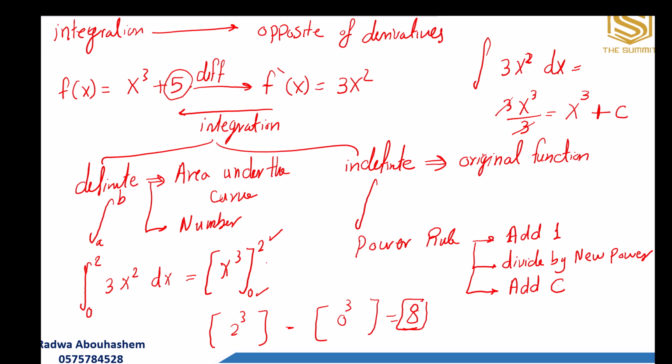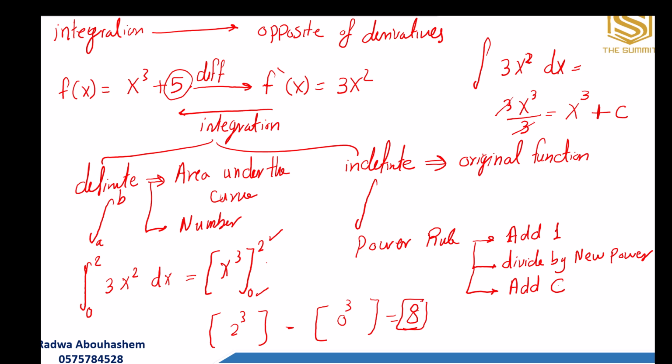So definite and indefinite integration basically have the same steps, or mostly the same steps. You just take the antiderivative, then in definite integration you substitute, but in indefinite integration you just add c. Okay, I hope this gives you a summary on integration.